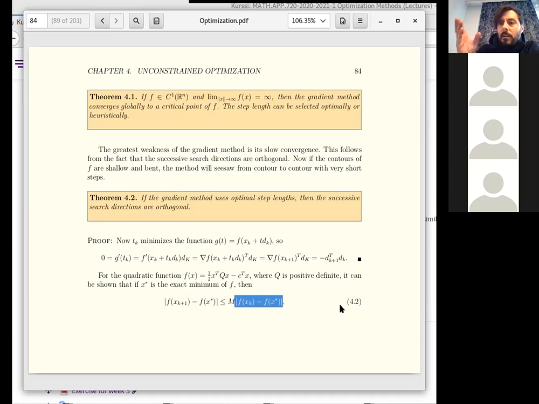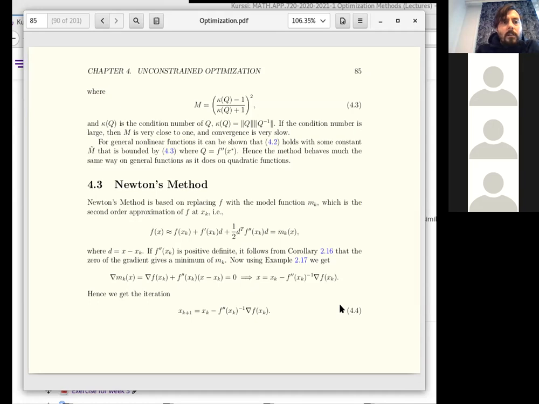So the distance is reduced linearly. However, this m is determined by what is known as the condition number. If the condition number is large, we are converging very, very slowly. If m is 0.99999 something, then we are converging very, very, very slowly.